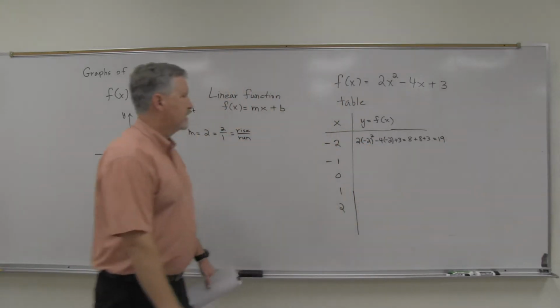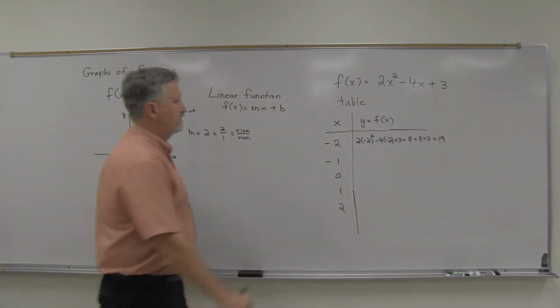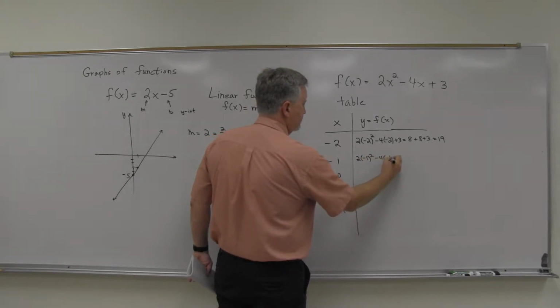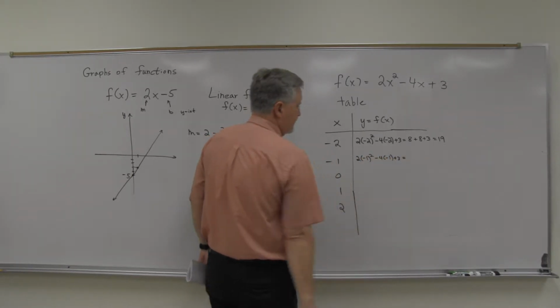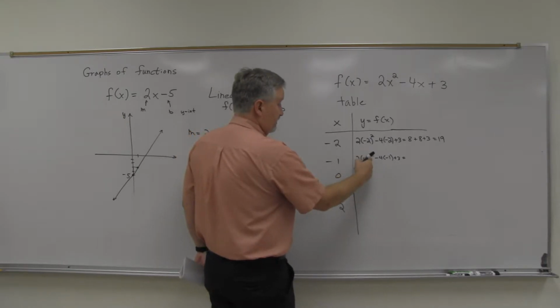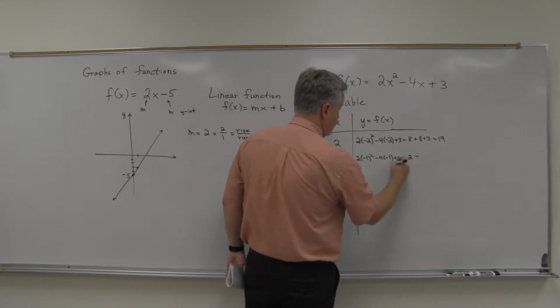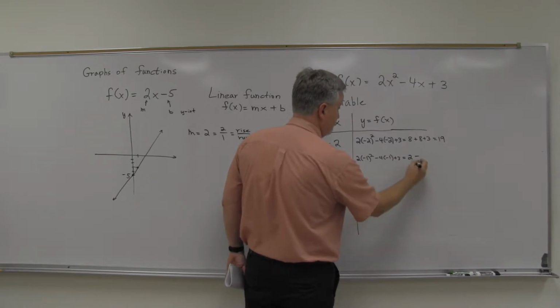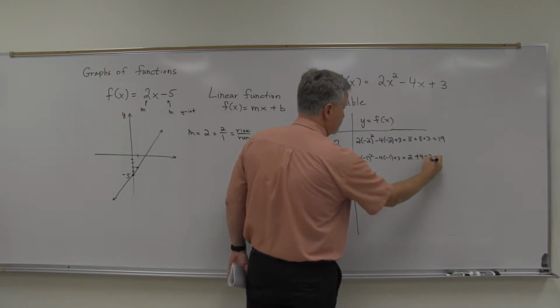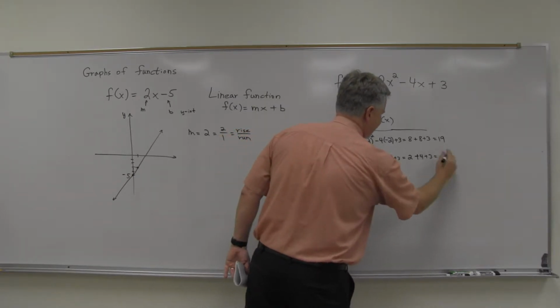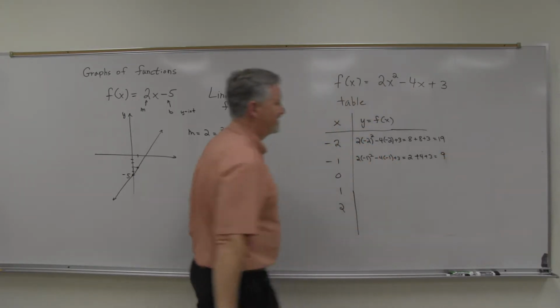Then do the same thing with -1: 2 times -1 squared, -4 times -1, +3. You square the -1, so that's +1, 2 times +1 is 2, -4 times -1 is +4, +3, so that's going to give me 9. Sorry, 9.